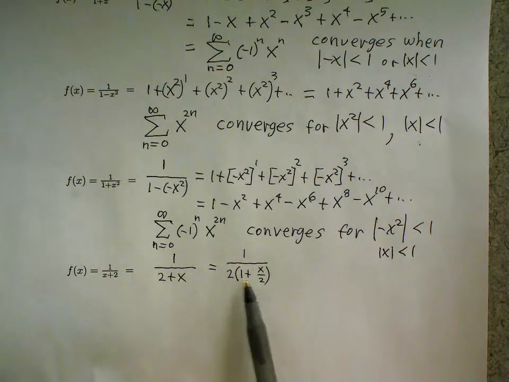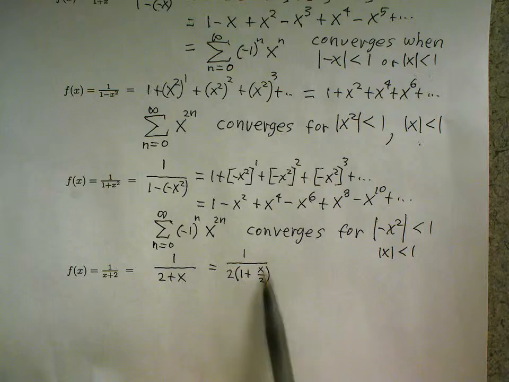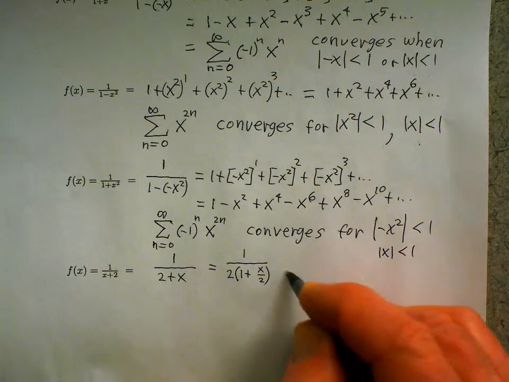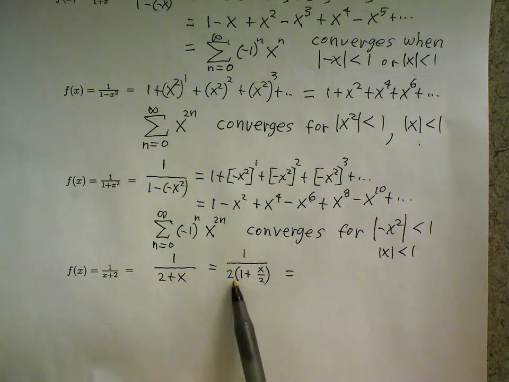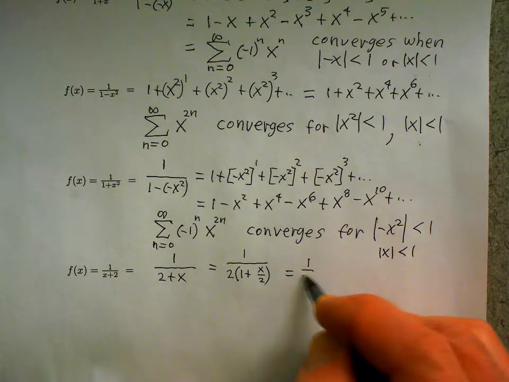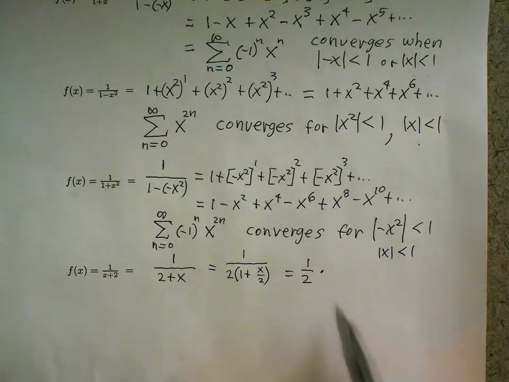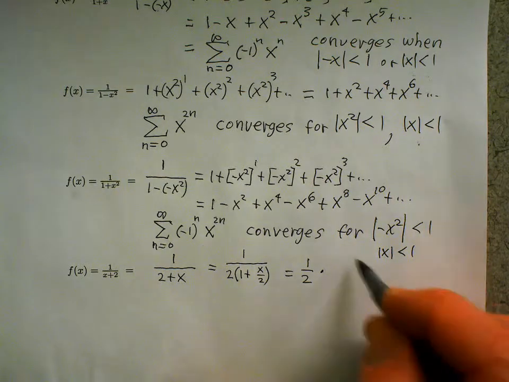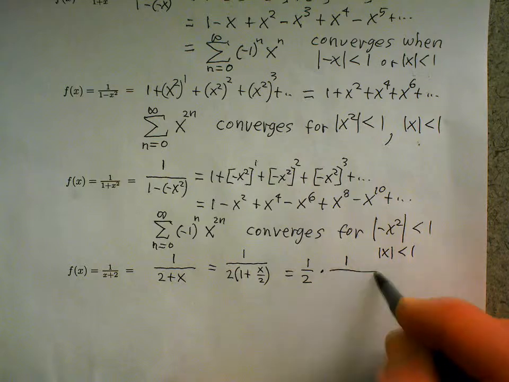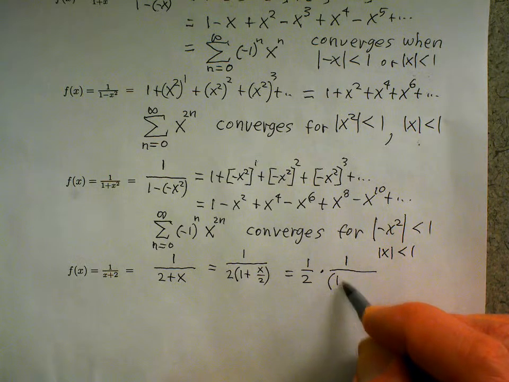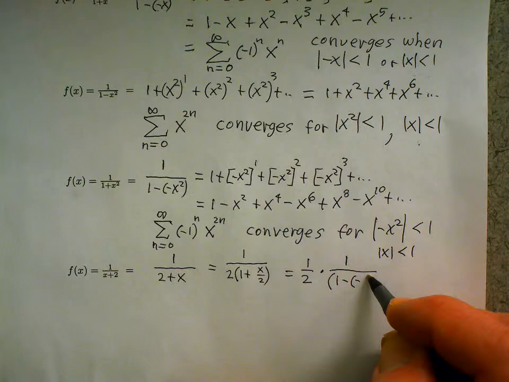And then I'll replace the 1 plus x over 2. Since I have this factor of 2 in the denominator, that's the same as multiplying by 1/2. So 1/2 times the rational expression 1 over 1 minus negative x over 2.